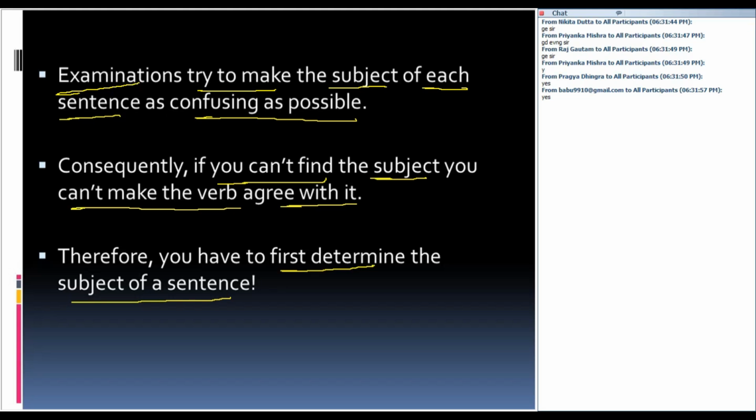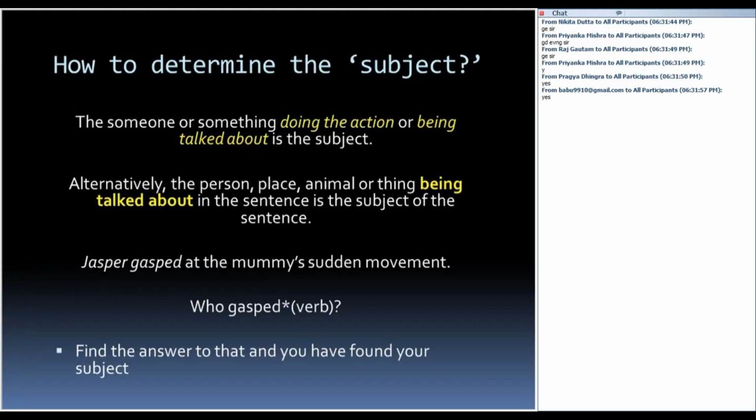Okay. For example, now how will you find out what is the subject of the sentence? Always in the sentence, the someone or something doing the action or being talked about in the sentence is the subject. We know that. Alternatively, the person, the place, the animal, or the thing that you are talking about is the subject of the sentence.